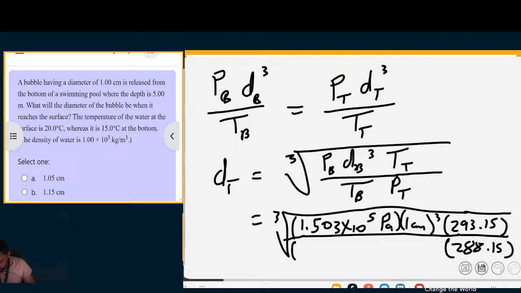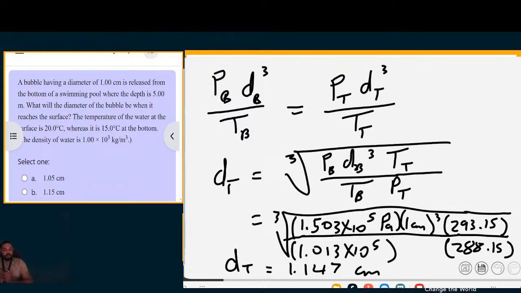Pressure at the top, that's the atmospheric pressure, 1.013 times 10 to the 5. And if you work all of that out, you get that the diameter at the top in centimeters is about 1.147 centimeters. That is the diameter at the top. Okay, so if this bubble bursts at the top, that would be its diameter.